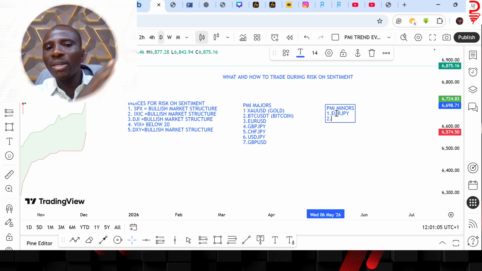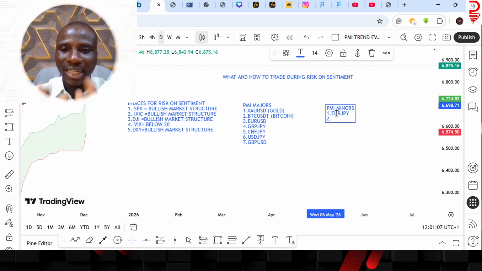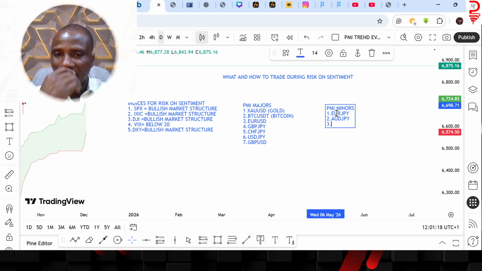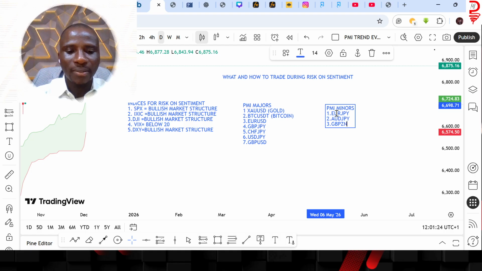So we have the major and we have the minor, and for the minor we have five assets that we look out for. The AUD JPY is another minor that we look at at Potential Miners International. Then we have the GBP NZD.